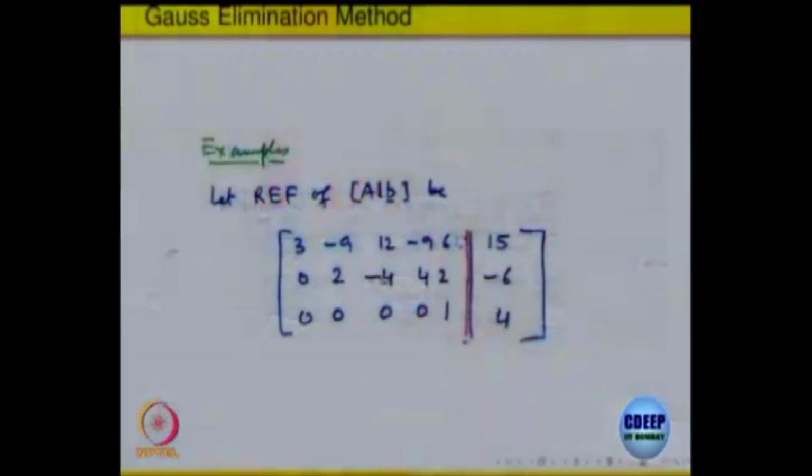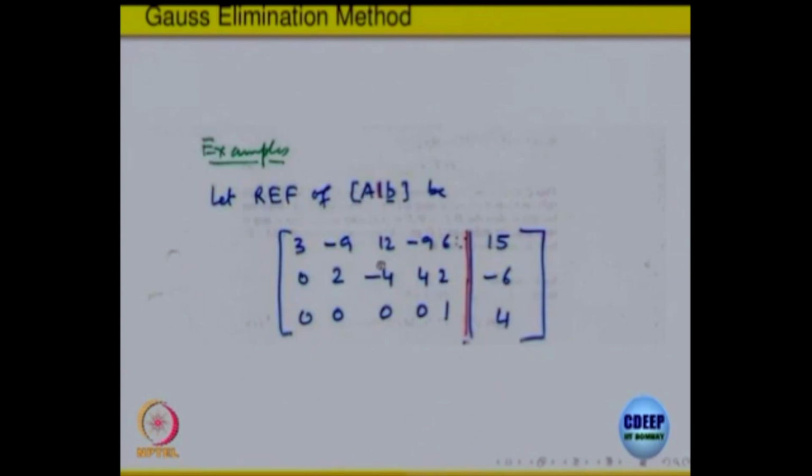His question is, in this equation, 2x2 minus 4x3 plus 4x4 plus 2x5 equal to minus 6. In that equation, x5 equal to 4 we can put. So, I get a relation as 2x2 minus 4x3 plus 4x4 plus 8 equal to minus 6. So, 8 I can shift on the other side.